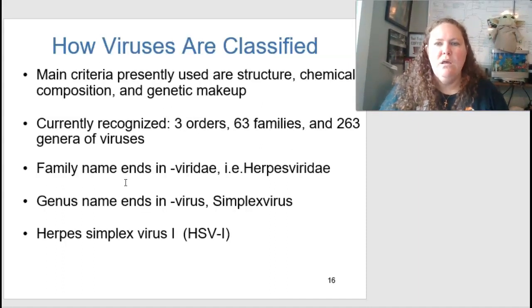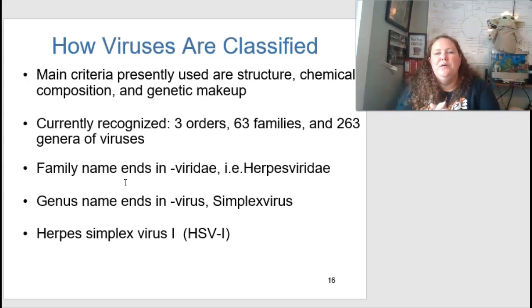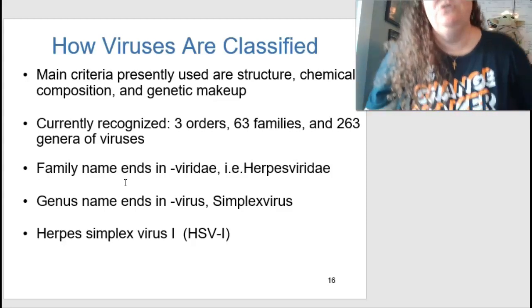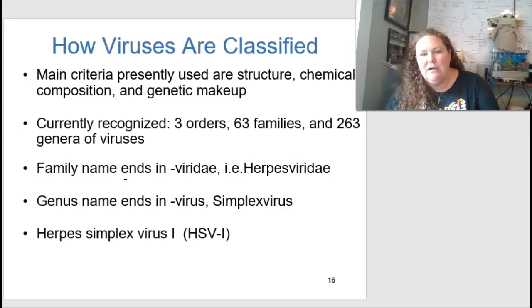Okay. So how do we classify viruses? Well, the main criteria presently used are structure, chemical composition, and genetic makeup. So we currently recognize 3 orders, 63 families, and 263 genera of viruses.